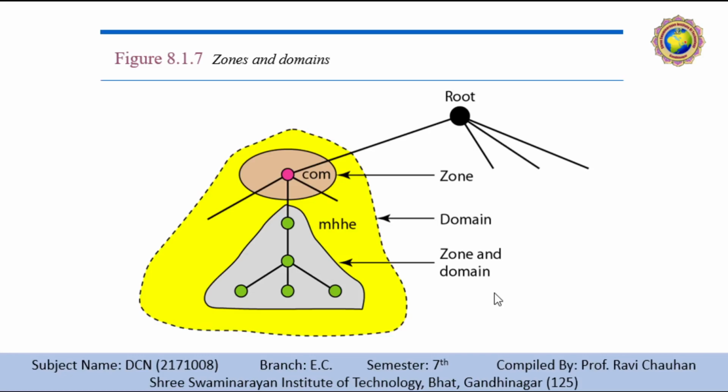A secondary server is a server that transfers the complete information about a zone from another server, either primary or secondary, and stores the file on the local disk. The secondary server neither creates nor updates the zone files. If updating is required, it must be done by the primary server, which sends the updated version to the secondary.